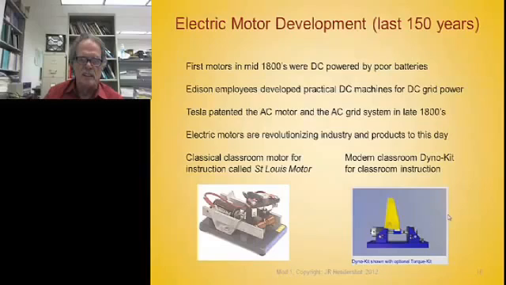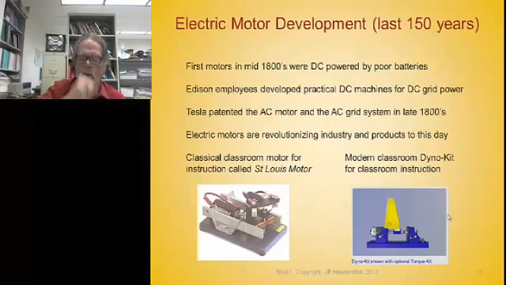The first generating systems in cities in New York was a DC grid. But then Tesla patented the AC motor and the AC grid system in the late 1800s, so AC power became the standard grid of the world over the last 150 years, so consequently most motors are AC induction motors. But they run off the grid, as we all know.